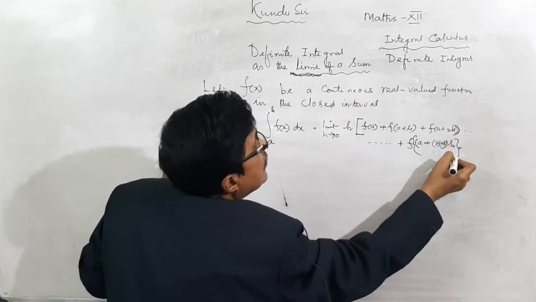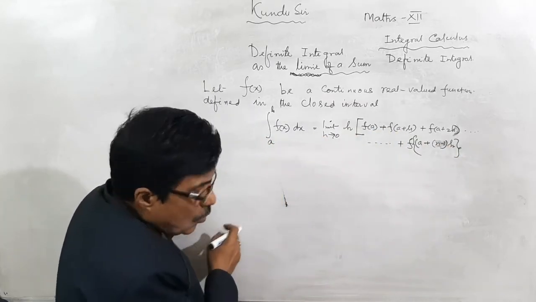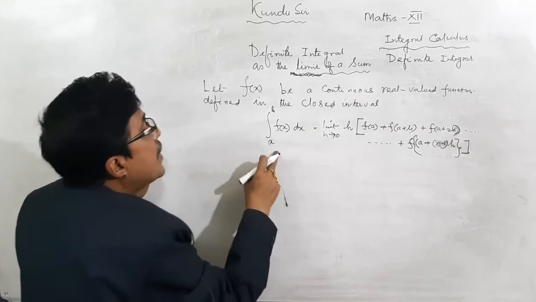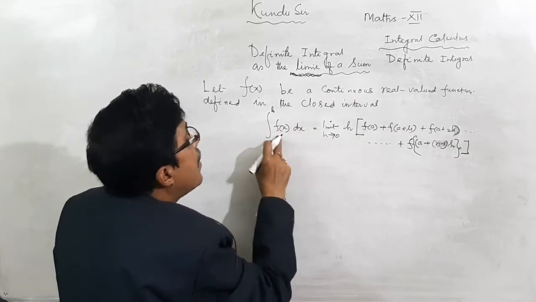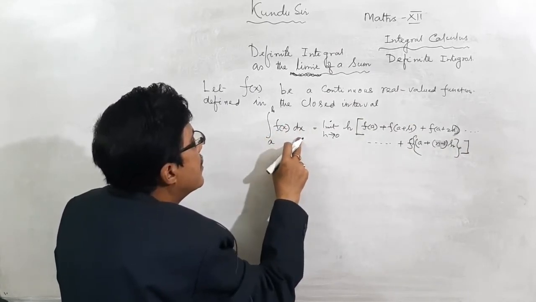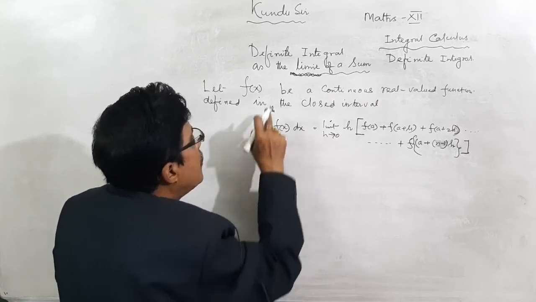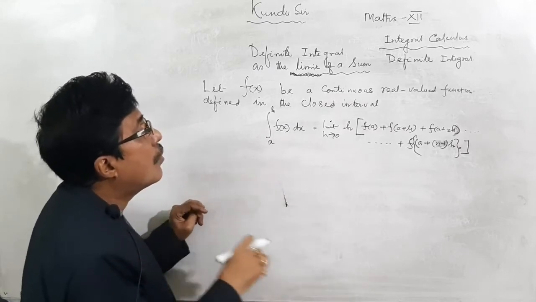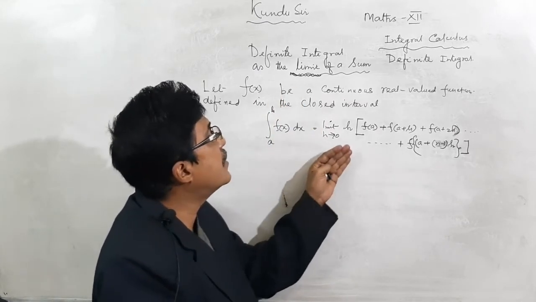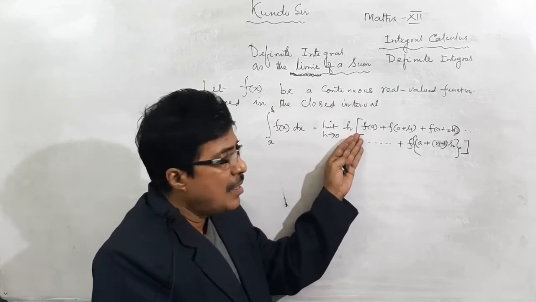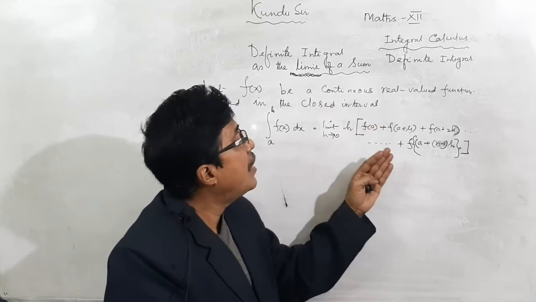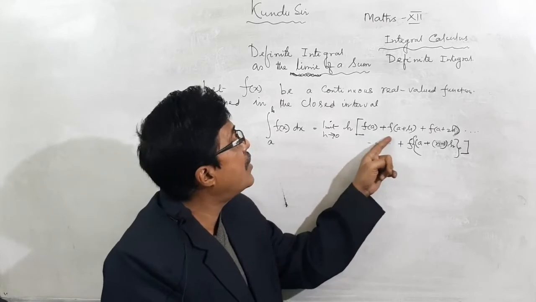We are closing this one, that is the integral of f(x) dx from a to b, as the interval h tends to 0, we are expressing as the limit of h times f(a) plus f(a+h), f(a+2h), and then f(a+(n-1)h).